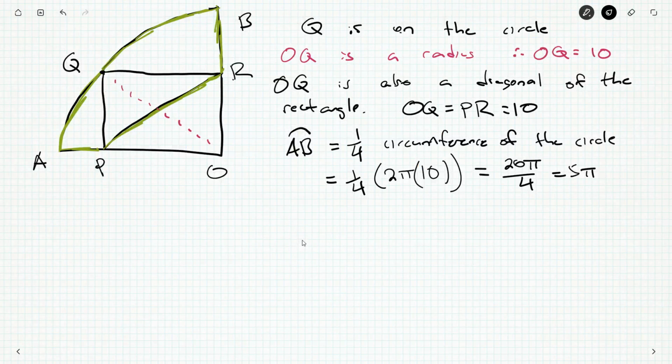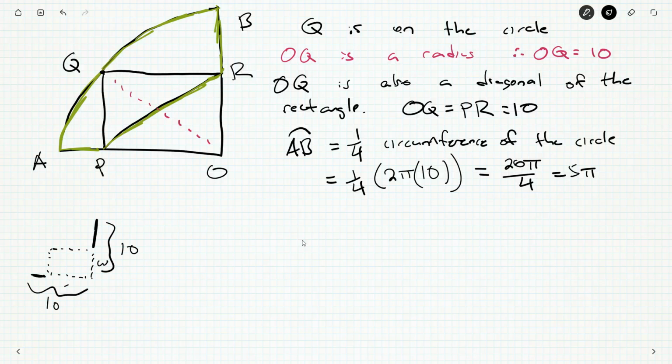Anyway, let's actually confirm those suspicions and do some calculations. I don't know what AP and BR are directly, but AP and BR, together with the rest of the axes, would give us 2 tens, which is 20. The only problem is PO and OR have been removed, and they're part of our rectangle.